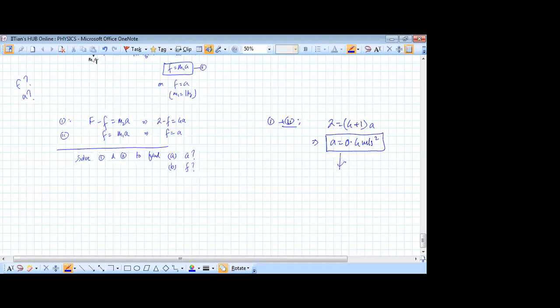Now substitute this in equation 2. So friction is equal to m1a. So it is 1 kilogram multiplied with 0.4 meters per second square. So the friction, which is a force, will have a magnitude of 0.4 newtons.